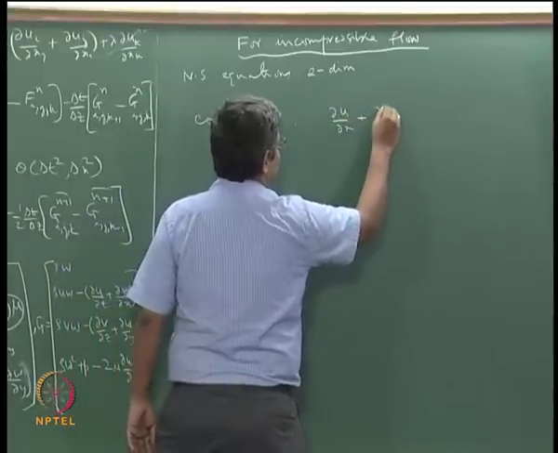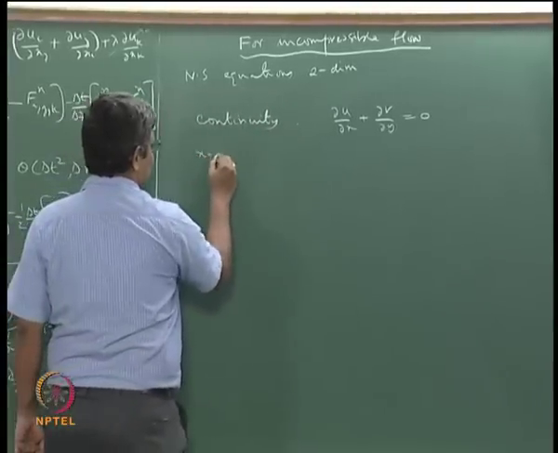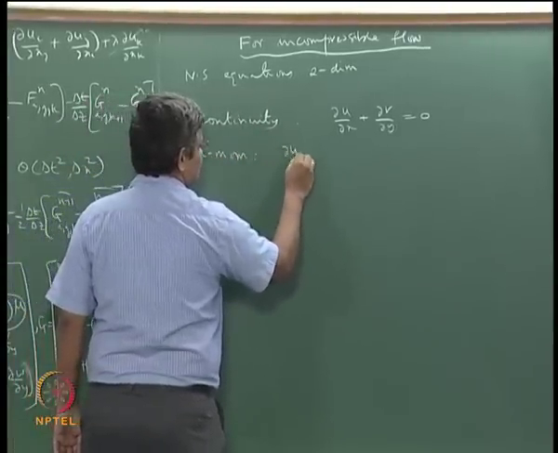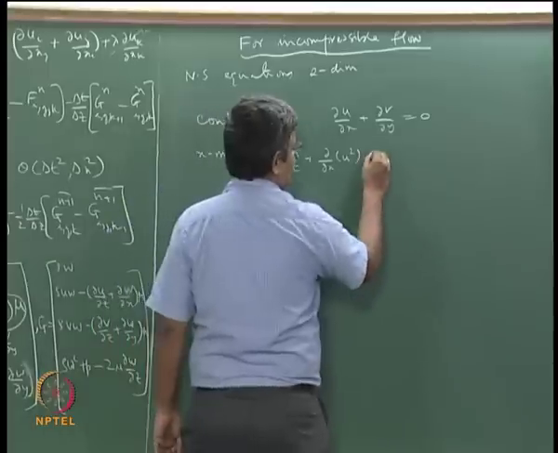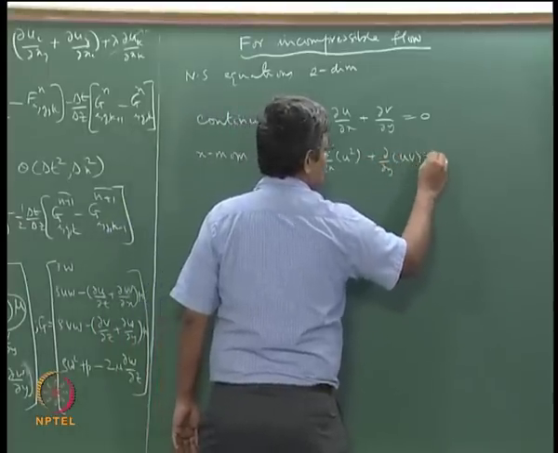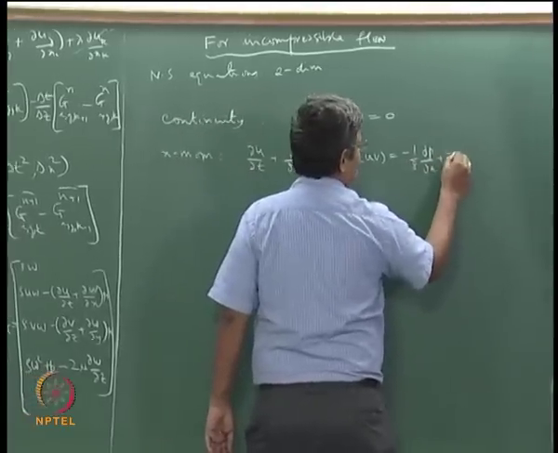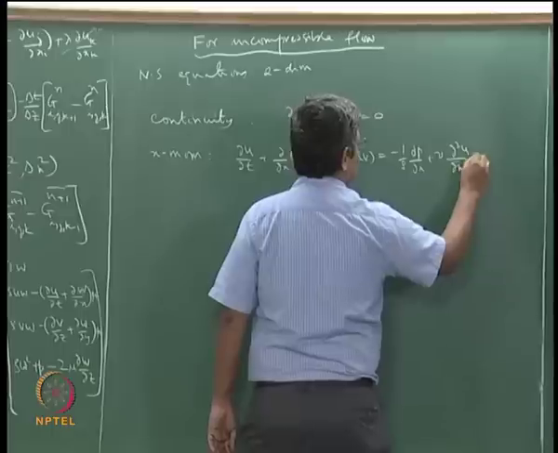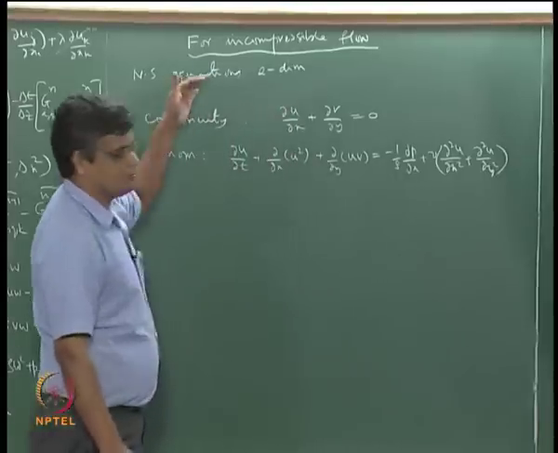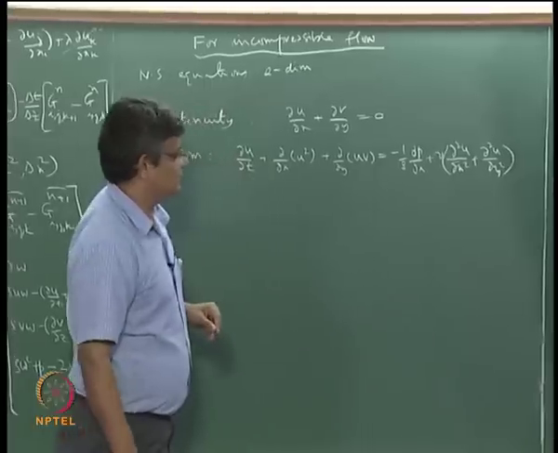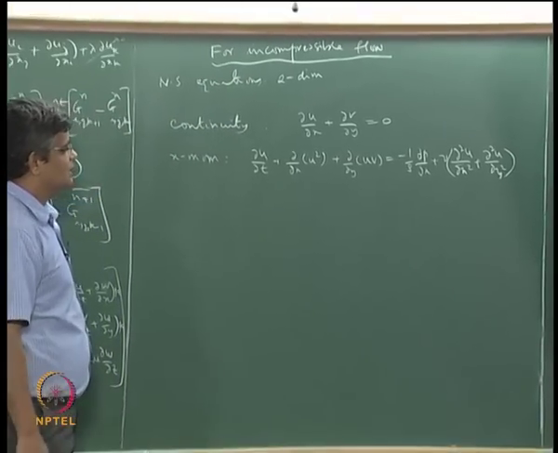The continuity equation is dou u by dou x plus dou v by dou y equal to 0, and the x momentum equation is dou u by dou t plus dou by dou x of u square plus dou by dou y of u v equal to minus 1 by rho dou p by dou x plus nu times dou square u by dou x square plus dou square u by dou y square, assuming constant property, so that the kinematic viscosity nu is also constant, and rho is obviously constant because we are considering the flow to be incompressible.